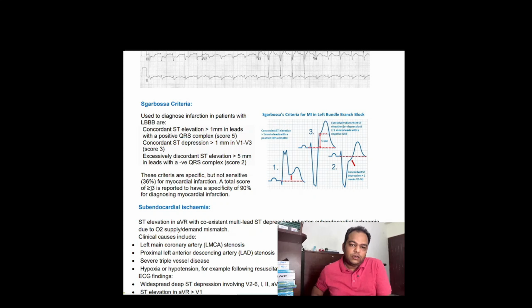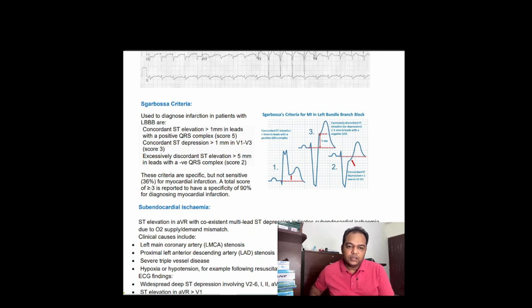When the total score in an ECG is 3 or more, it has a higher specificity of 90% for diagnosis of myocardial infarction. When we find a LBBB in an ECG, we should calculate these Sgarbossa criteria points.